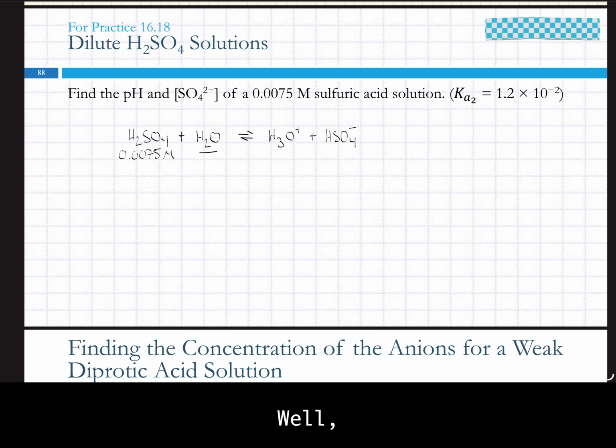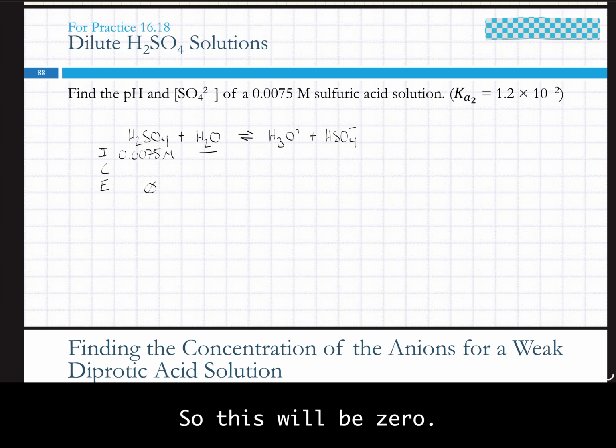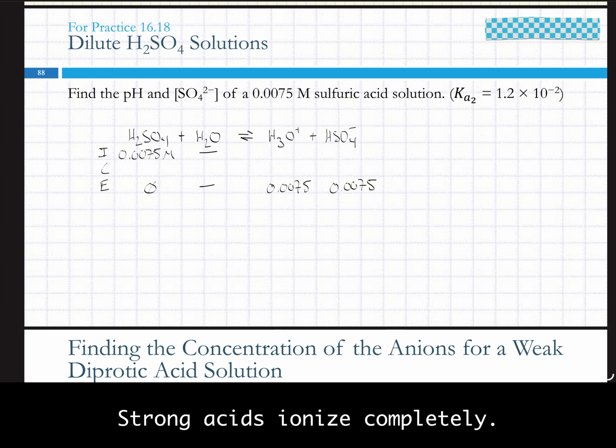If I write out the ice table, I don't need to do any calculations though, because this will completely ionize. So this will be 0, this will be 0.0075, this will be 0.0075. Strong acids ionize completely.